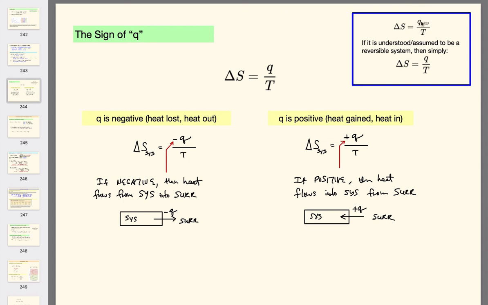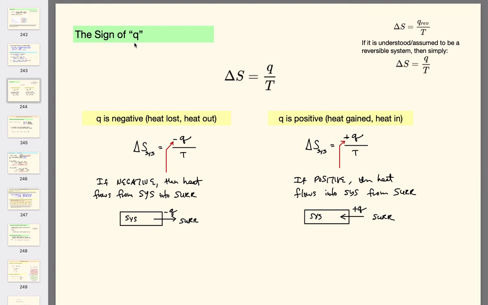So anytime you have Q reversible, we just write a Q, we drop the reversible. In most of these, you assume that Q is reversible. When we normally write reversible here is when we're comparing it to a Q that's not under reversible conditions. So that'll make more sense here in a couple of minutes.